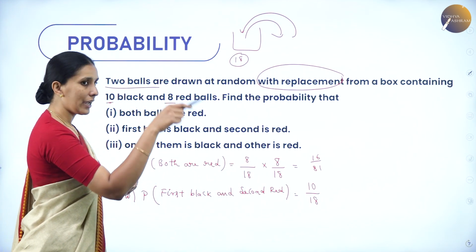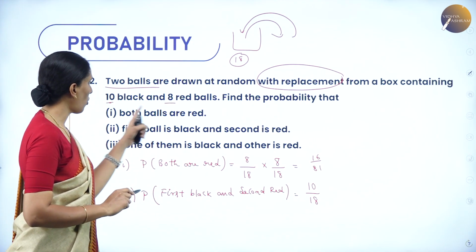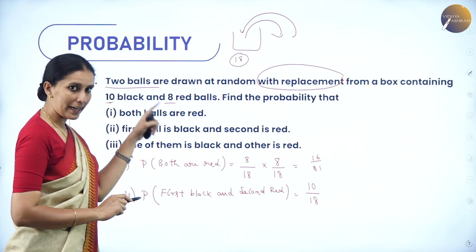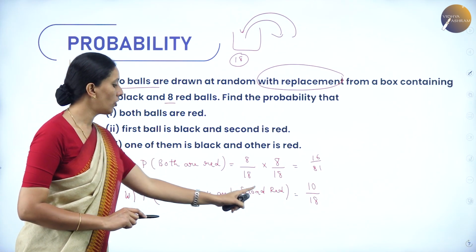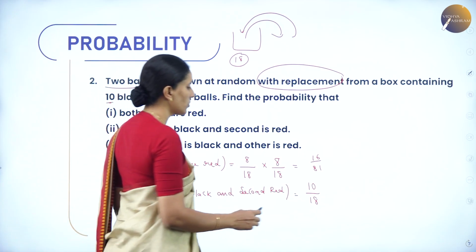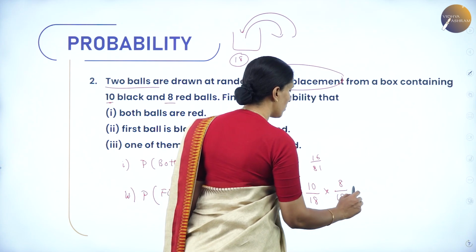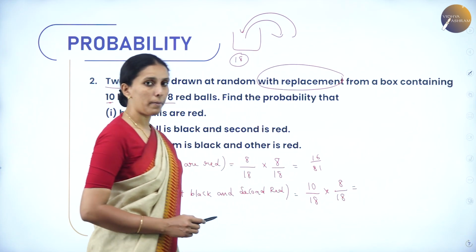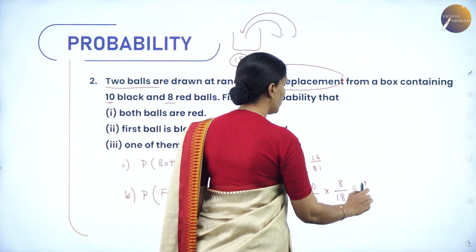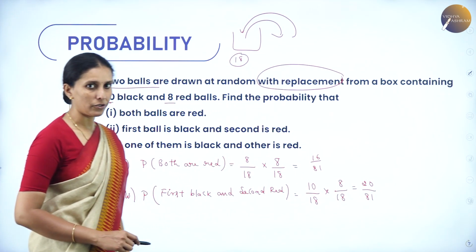Now, once I have taken one black ball, then I'll replace it back. The total number of balls is again 18, but my second drawn ball must be red. So, there are 8 red balls. Therefore, it is into 8 by 18. So, here the total probability value is equal to 20 divided by 81 on simplification.